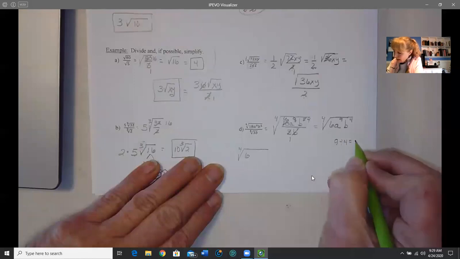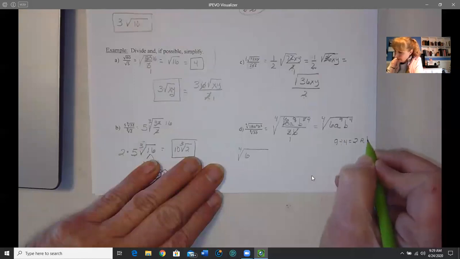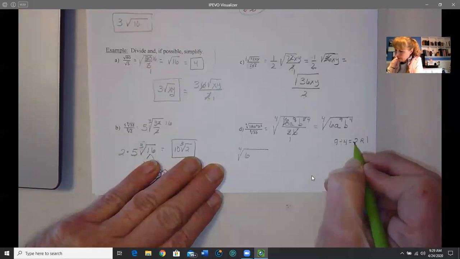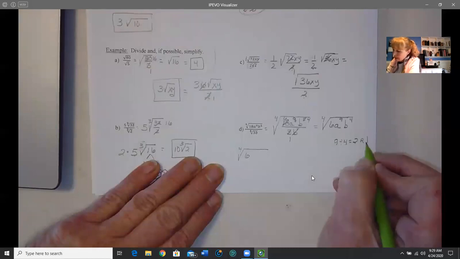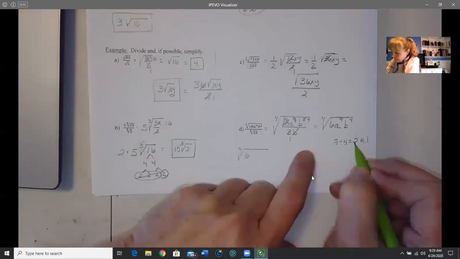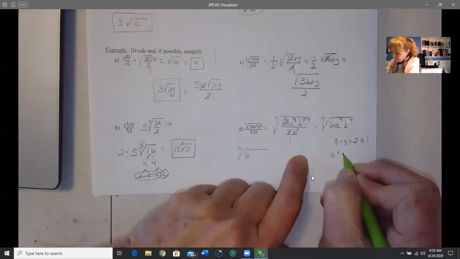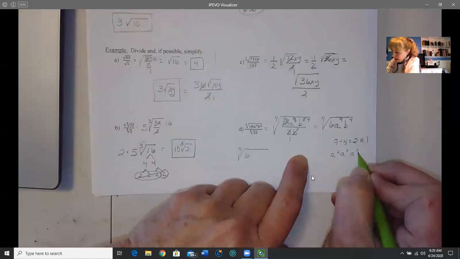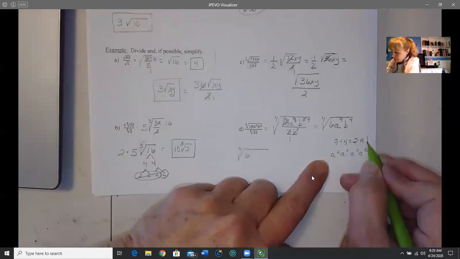It goes twice with the remainder of 1. So that's an 8 with the remainder of 1, which means I have 4 groups of A squared, and then I have an A to the 1st.